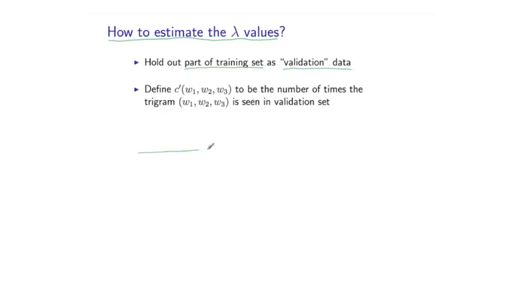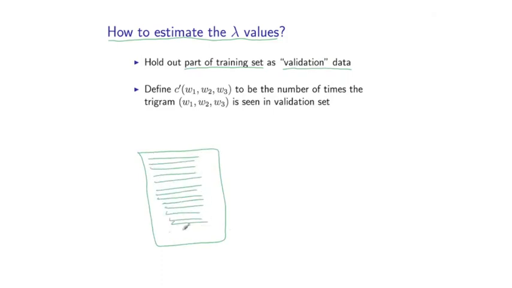So you can visualize this as follows. Imagine we have our training data. It consists of many millions of sentences. We might take some relatively small portion, roughly speaking, say 5% or 1% of our data, and use this as what we call validation data.